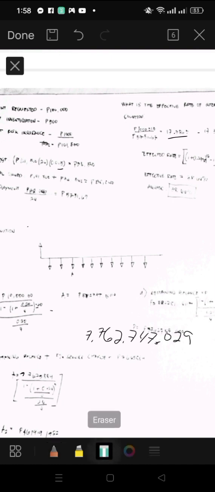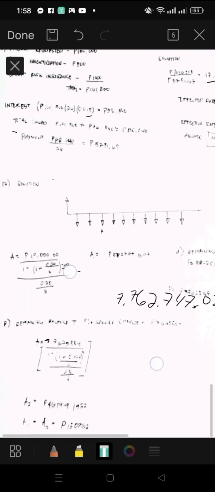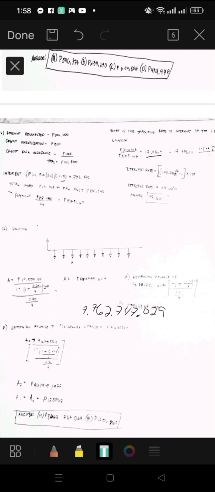So next, what will be the difference between the equal quarterly payment in the extending arrangement and the revised principal? So that is the remaining balance plus the 15% service charge, which is equal to 7,762,747.029.